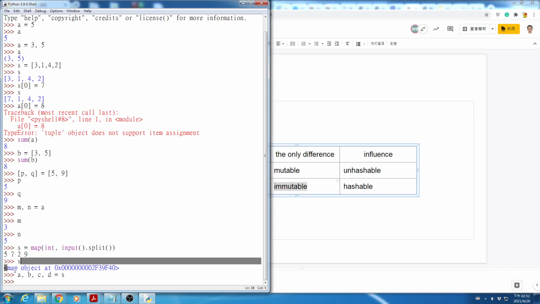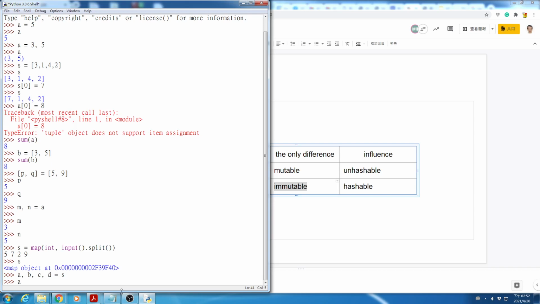But this is okay with a map too, because there are 4 values in S in this map object. So you can also assign these 4 values into 4 variables, which are A, B, C, and D. So right now, what is the value of A?